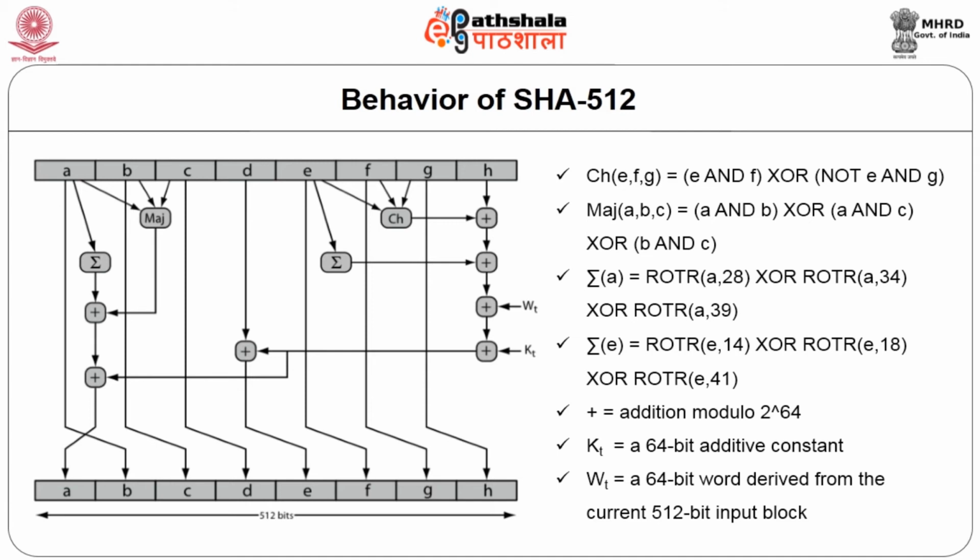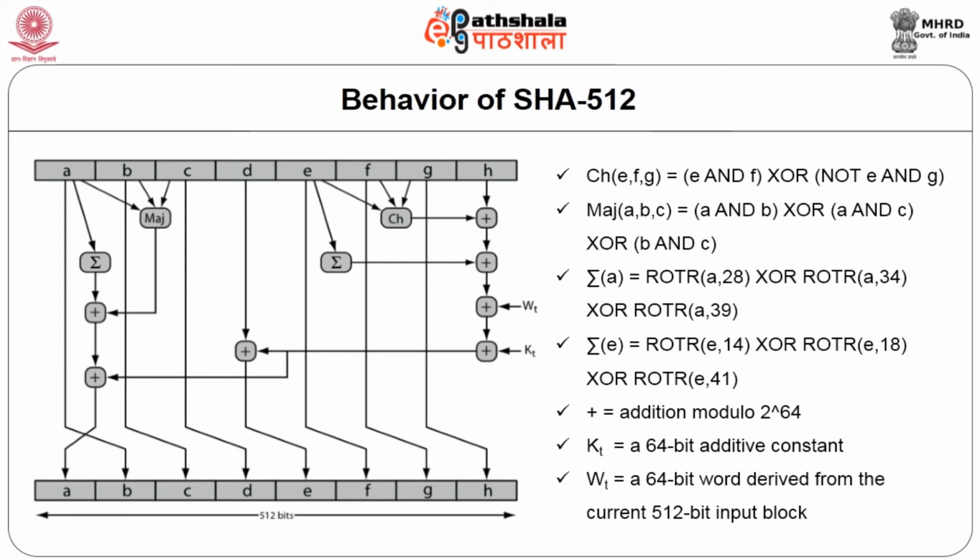Then we are going to add another term, that is sigma 1 of 512 on E. What does that mean? It means that we have to perform rotate right, rotate right, rotate right. In my slide you can see on the rotate right I have written a superscript saying 14. So it says we have to perform a circular right shift rotation of the 64-bit argument by n bits.